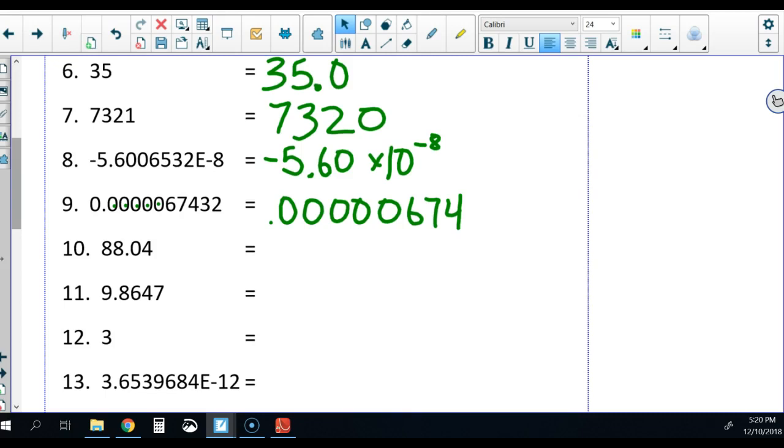Number 10, 88.04. Get 8.0. Number 11, 9.86.